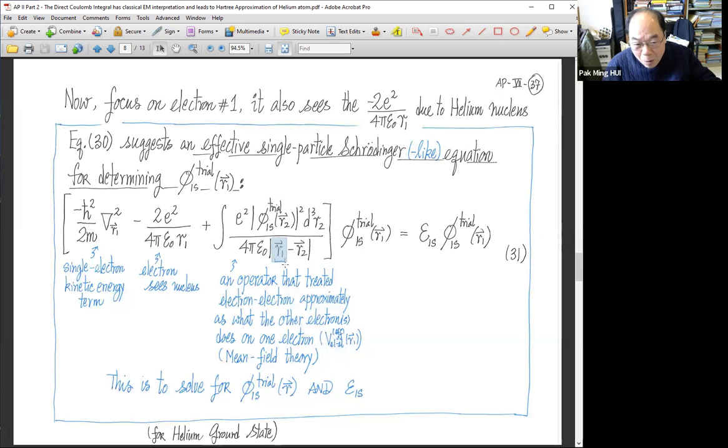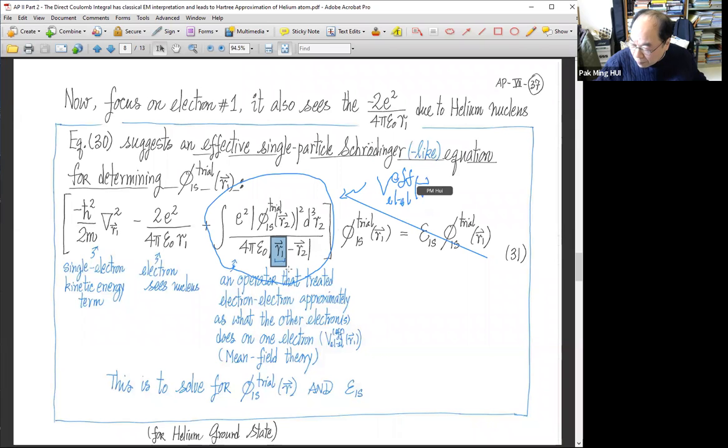This has a R1 here, thereby after integrating R2 out, this is a function of R1. So basically, this is an effective Coulomb electron-electron repulsive potential energy depending on the coordinate R1.